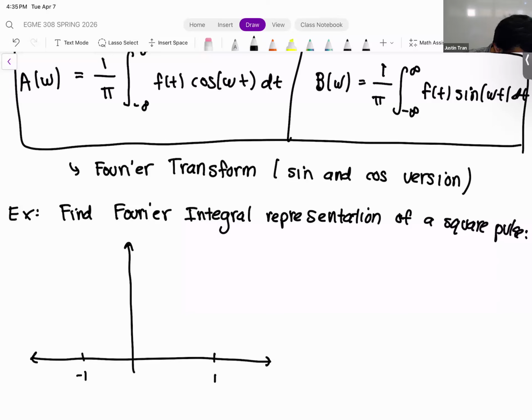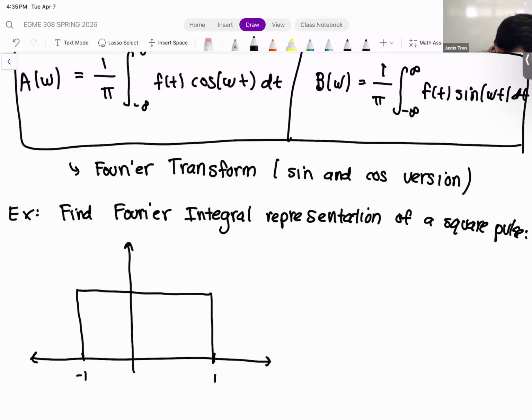Between -1 and 1, our function is going to have a value of 1. But it's going to be 0 at all other values. So this is a function that's not periodic, and so we know right away that this pulse is not going to repeat. It's just going to pulse once and that's it.